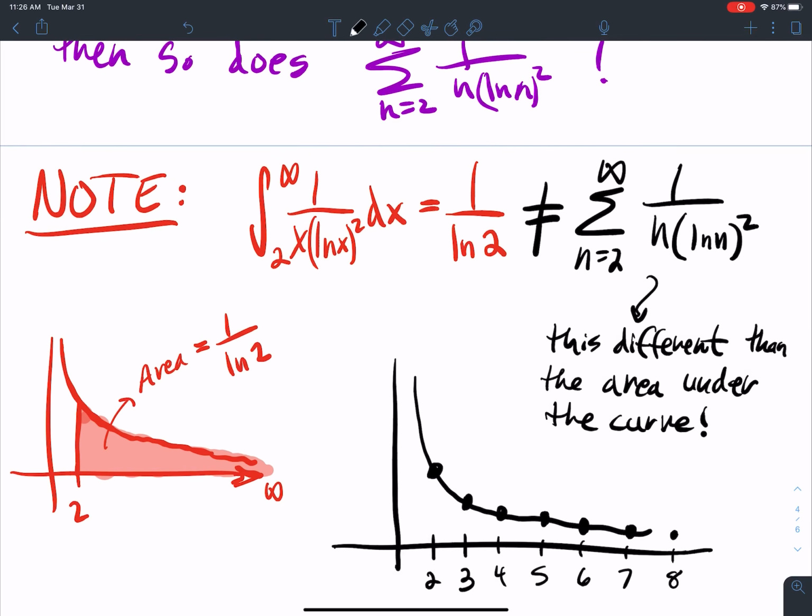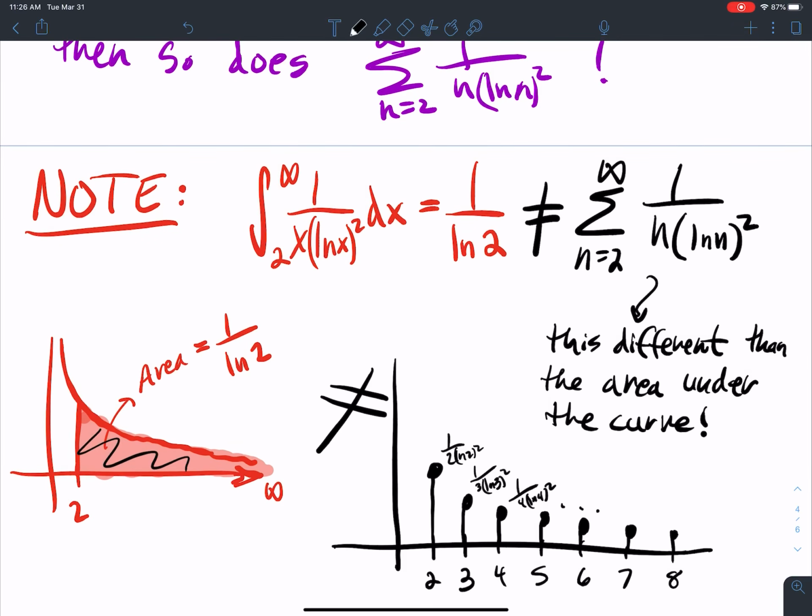And so I'm adding those values together. 1 over 2 ln 2 squared. 1 over 3 ln 3 squared. 1 over 4 ln 4 squared, and so on. Okay, the curve is no longer in there. You guys see how that is completely different than adding this area? So would it make sense for these to be equal? Not at all when you see the picture like this.